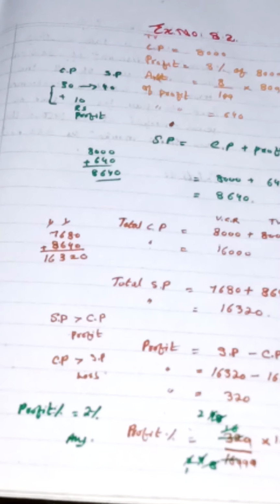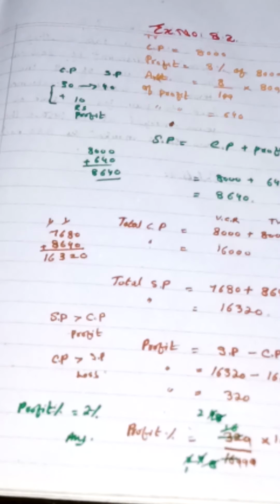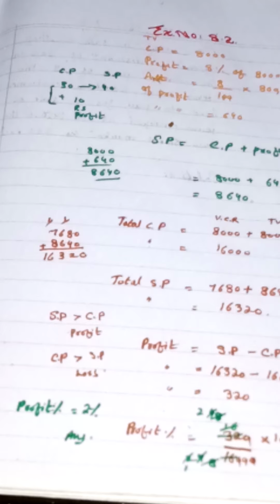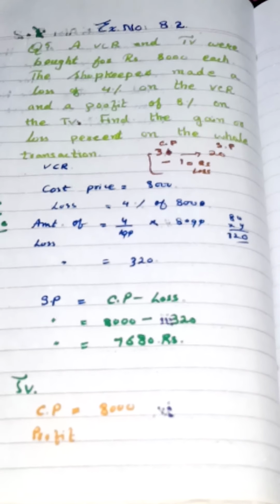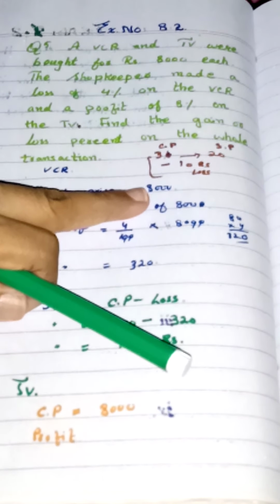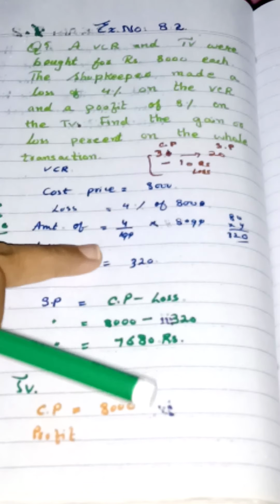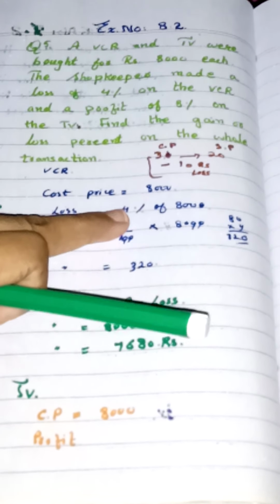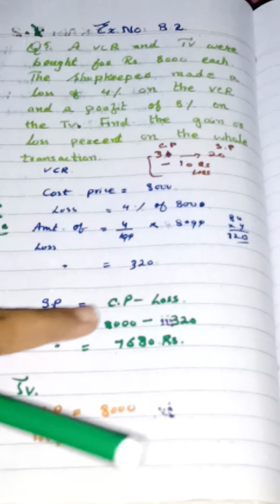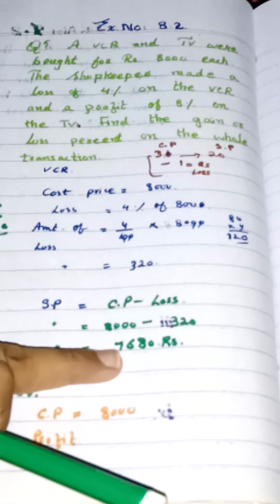So students, let's repeat this question again. Cost price of the VCR is given, the loss amount is 320 rupees, because the loss is 4%. Cost price minus loss is equal to selling price.